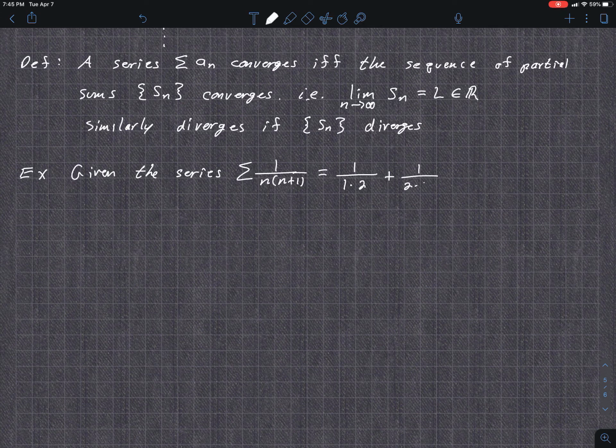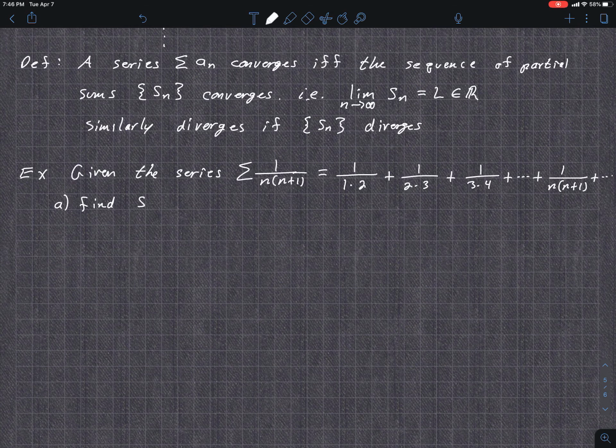So that'll be equal to 1 over 1 times 2 plus 1 over 2 times 3 plus 1 over 3 times 4. And you can see that pattern, plus dot, dot, dot. And the nth term is exactly what we have here. That is the nth term, so it's explicit, so you just write them down. It's easy to do that part of it. Etc., dot, dot, dot.